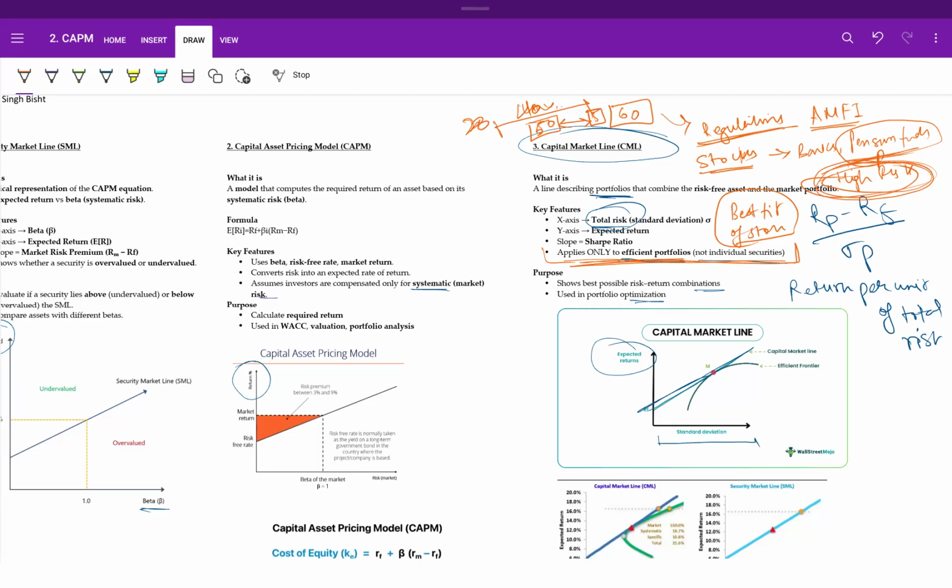Within 5 years, the bank or any institution is not going to give you a very high return, because of liquidity, maturity, inflation.